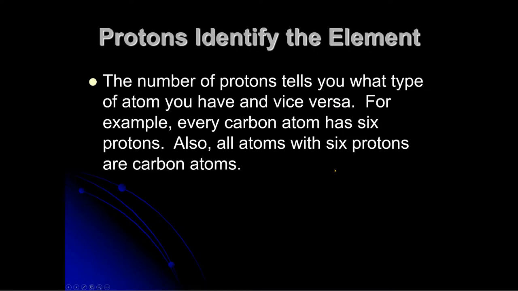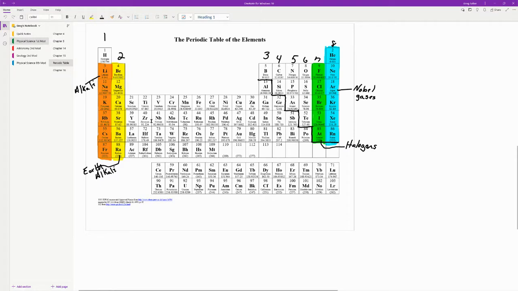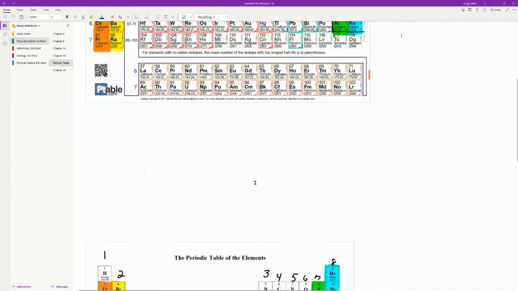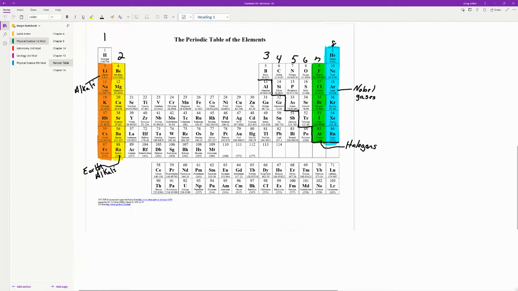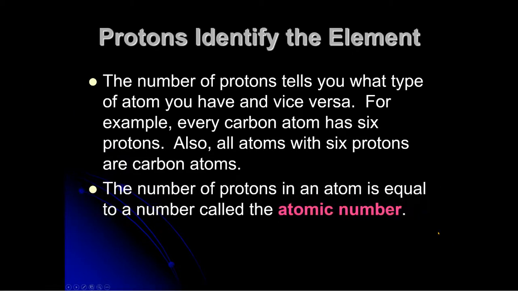So remember, the number of protons tells you what type of atom you have. That number on the periodic table we were just looking at, the atomic number, tells us how many protons there are. The number of protons in an atom is equal to the atomic number.